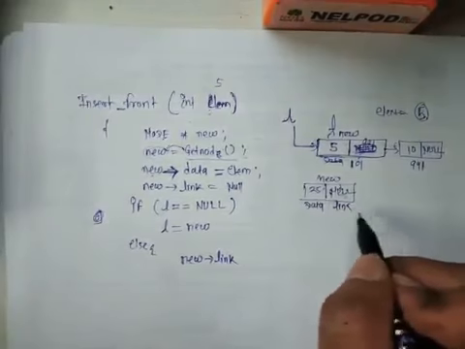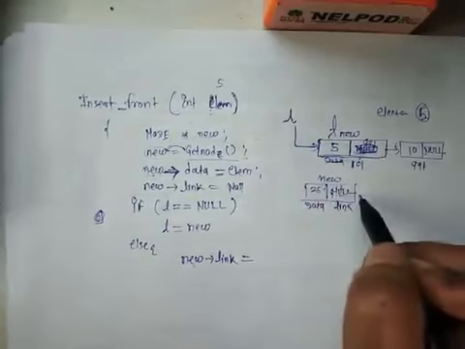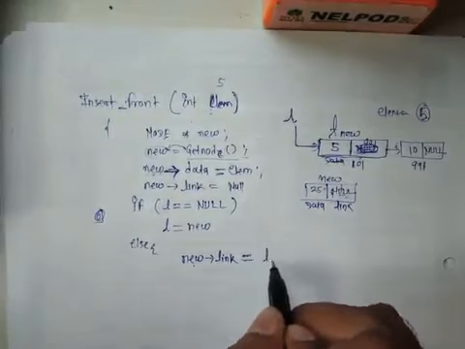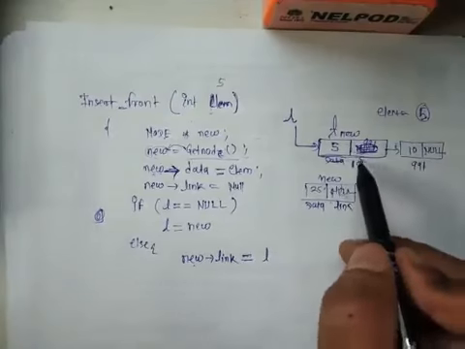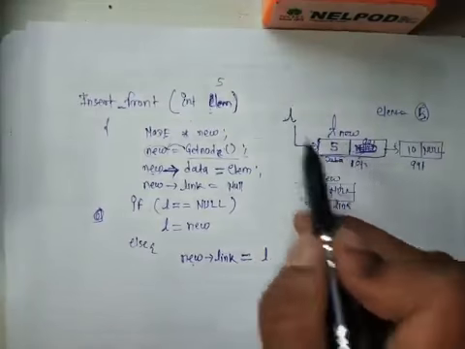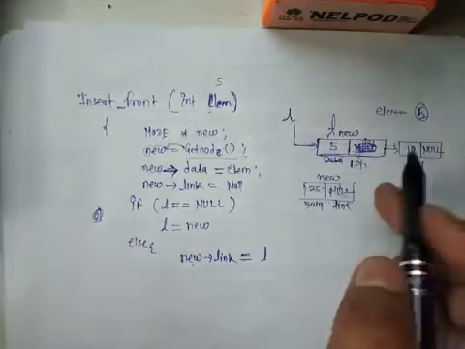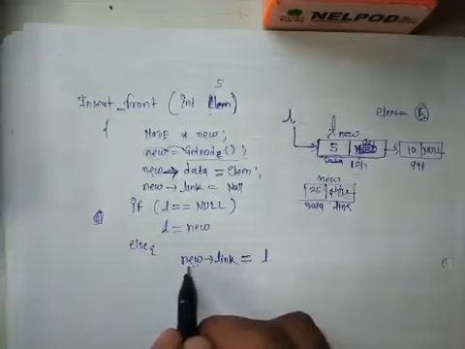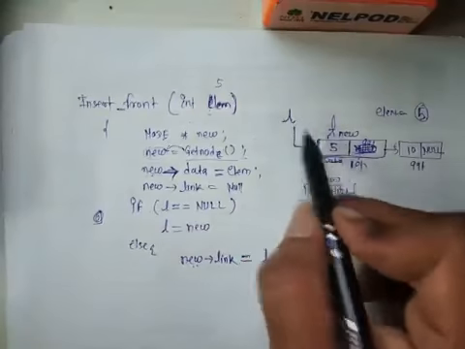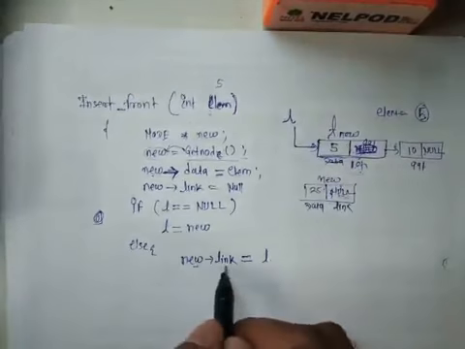So new of link is equal to L, the address location which is held by L. So L holds 101. Basically L is pointing to 101. So whatever value is stored in the link part of L, that is stored in new of link.